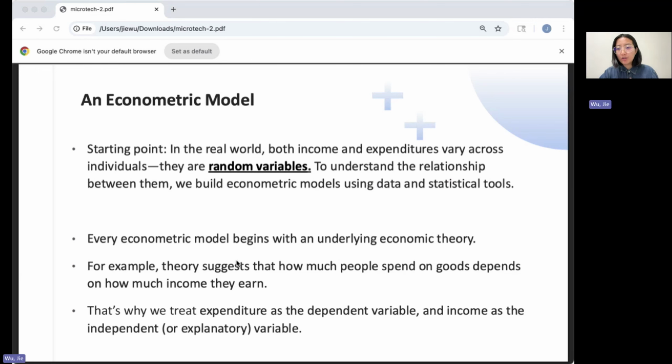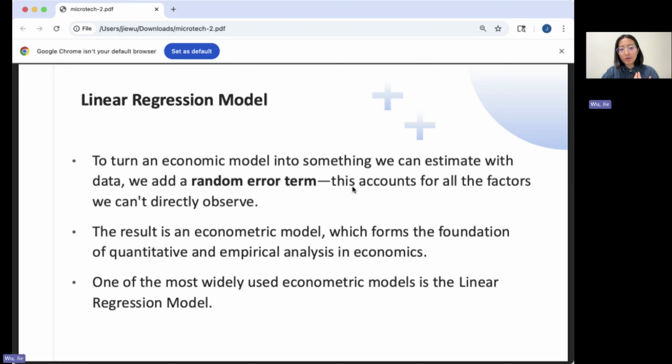For example, economic theory can tell us that income will affect our expenditure. So we can easily set in our model that expenditure is our dependent variable and income is the independent variable, or maybe we can also call it the exogenous variable. Of course, theory is only part of the story.